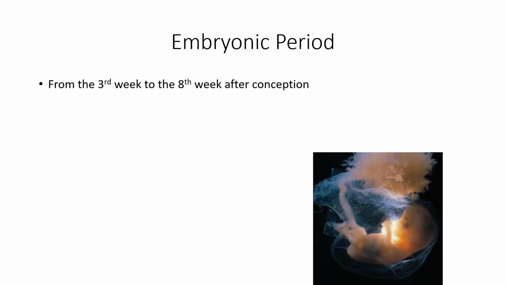Then we get to the embryonic period, which lasts from the 3rd to the 8th week. The embryonic period is where organogenesis occurs. That is, organogenesis is the formation of all the major organs. And what we're going to talk about in just a little bit, there are going to be things like the critical periods of when these organs are developing the most.